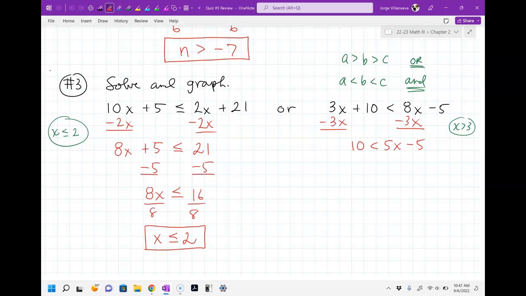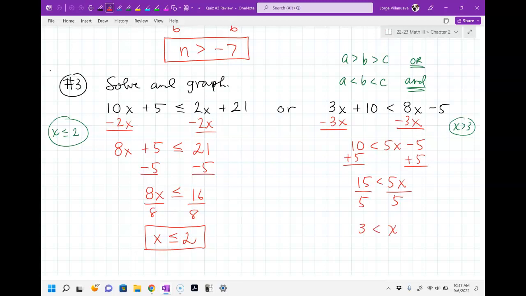Now, I'm going to move that minus 5 over by adding 5 on both sides. So that gives me 15 is less than 5x. And last step is just to divide by 5. So we'll divide by 5 and I get 3 is less than x.